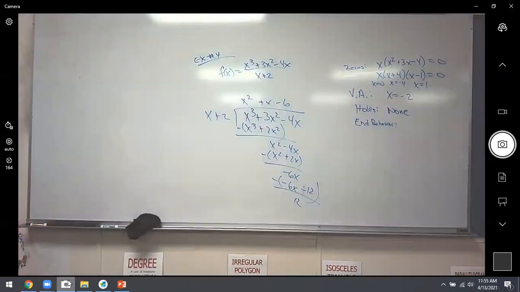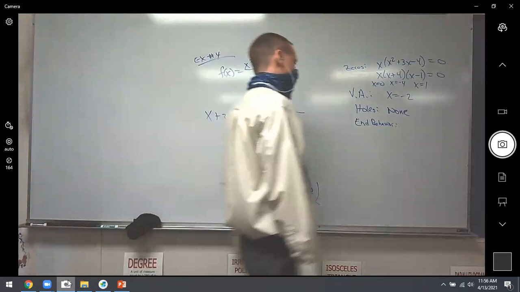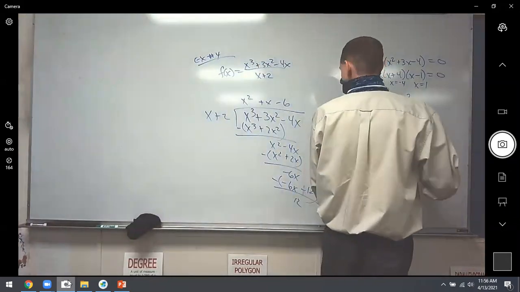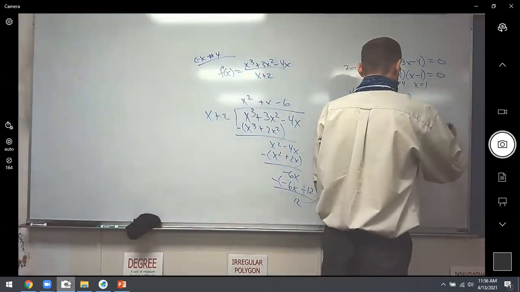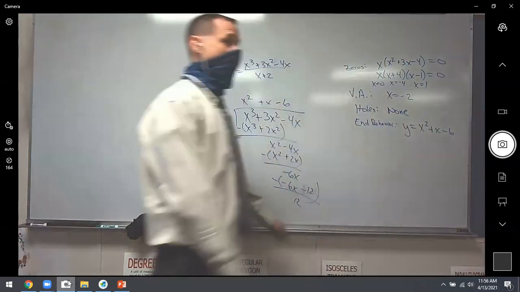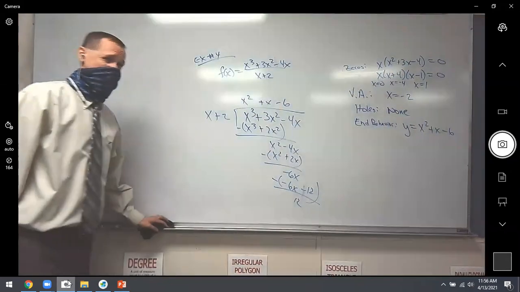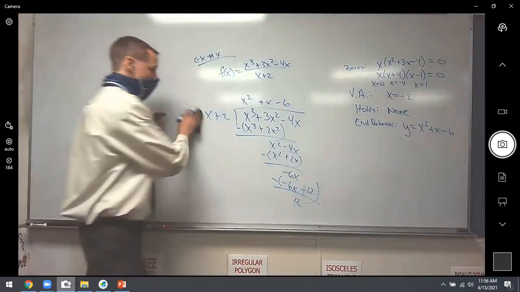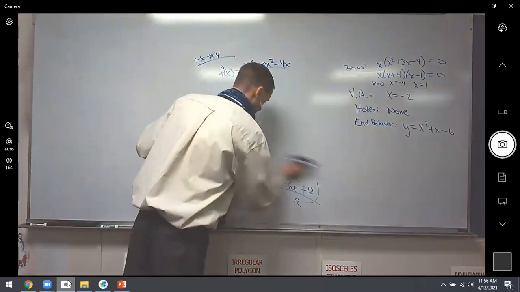Go do all this long division, blah, blah, blah. You get an answer of x squared plus x minus 6. That's a weird answer to get out for the end behavior, but it is what it is. Whatever you get out is your equation for your end behavior. It's going to look like a graph of x squared plus x minus 6 on either end.